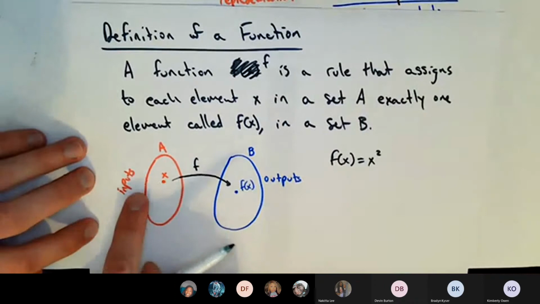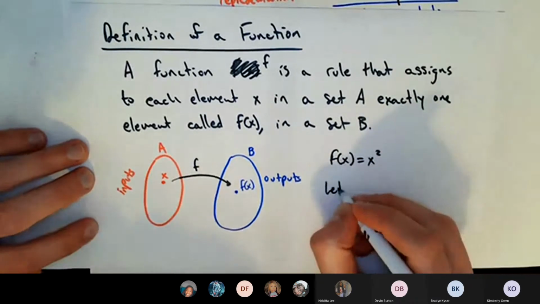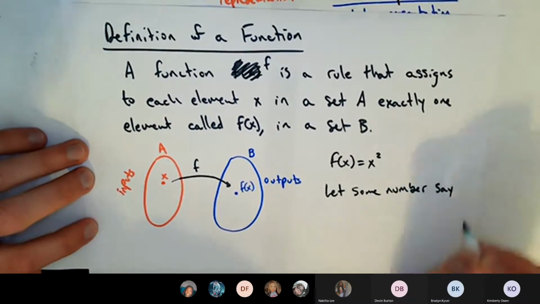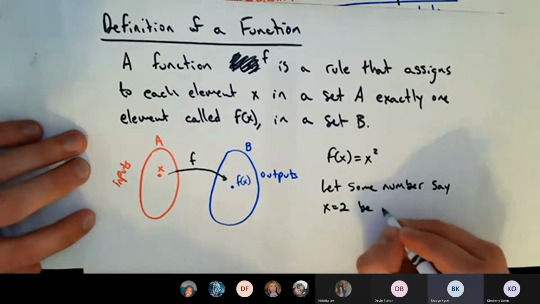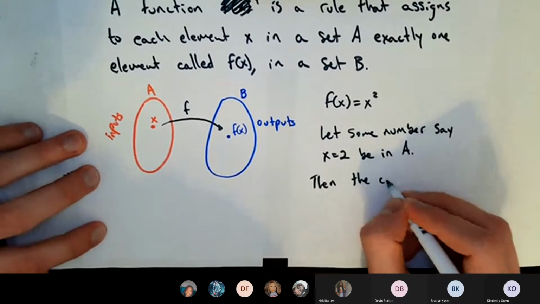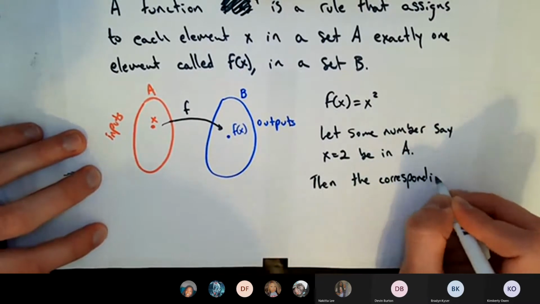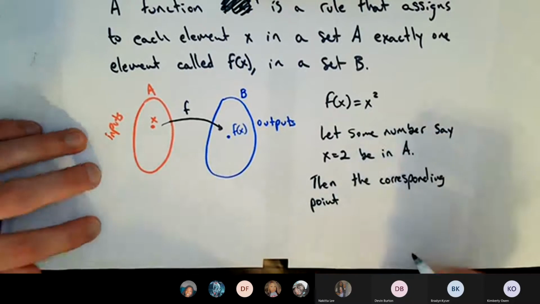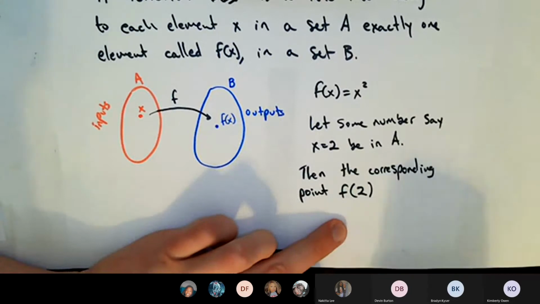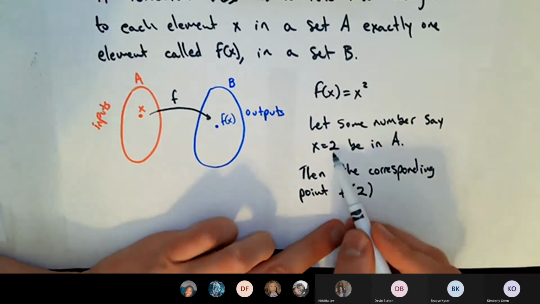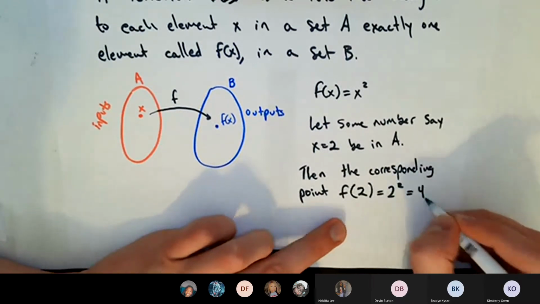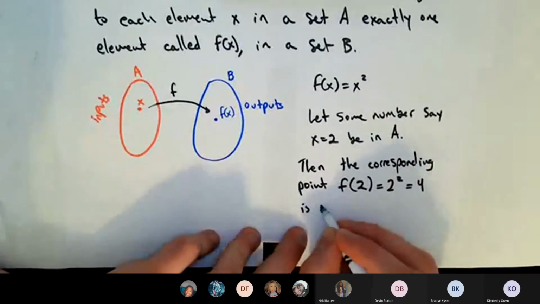Squaring x is the rule that gets you from A to B. So let some number be in the set A, say x equals 2 be in A. Then the corresponding point f of x, which is f of 2 here, you see I replaced the little input window with a 2 because I'm plugging 2 into the function, equals 2 squared, which by the way is 4, is in B.